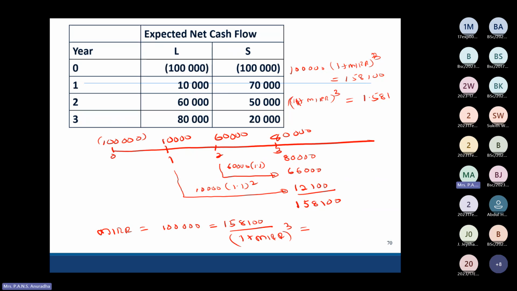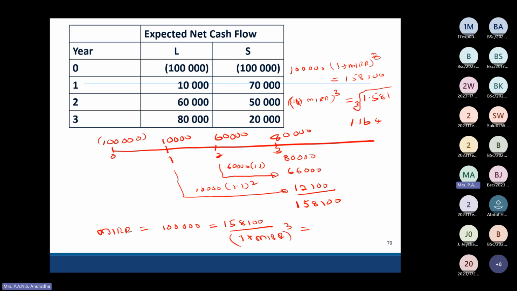So then to remove this 3, you have to take the cube root of 1.581. So then you can take that also 3, shift root, 1.581. So it will be 1.164.